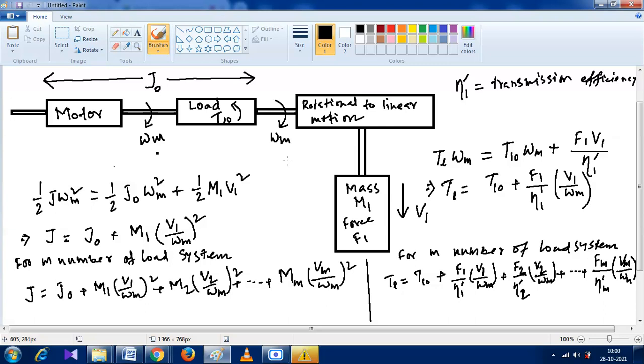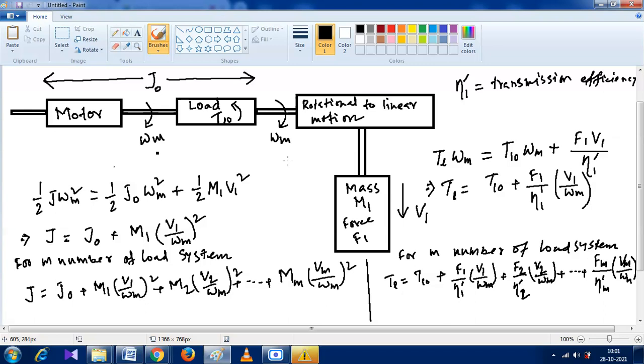So we have to calculate the equations of equivalent moment of inertia and equivalent load torque for rotational motion systems, and another for rotational and translational motion systems. In the first case, in case of loads with rotational motion, what is the equation? J is equal to J0 plus A1 square J1.